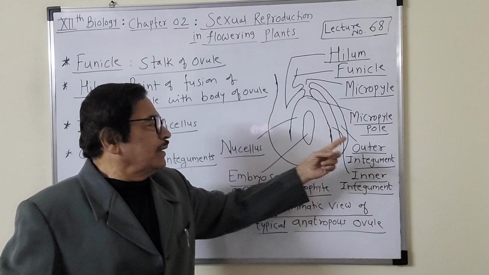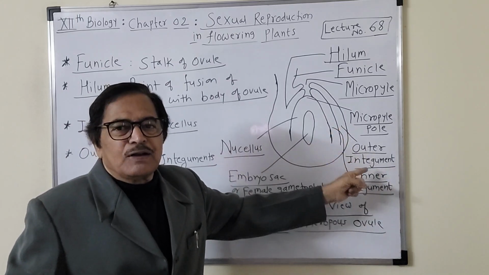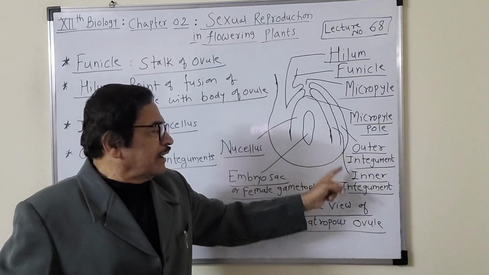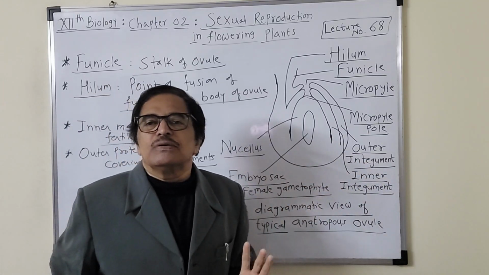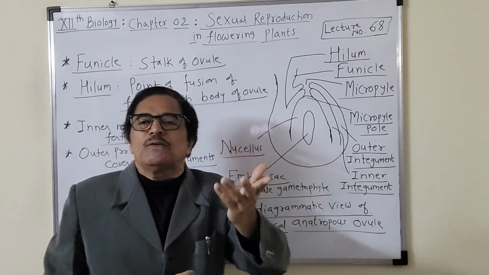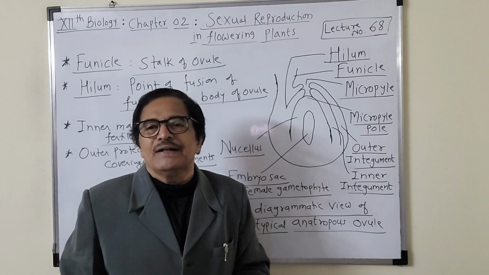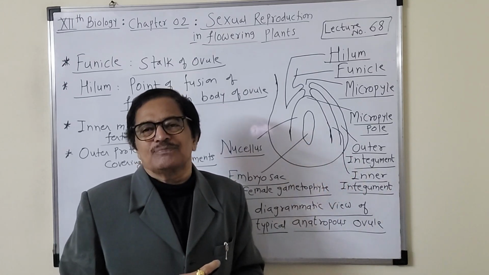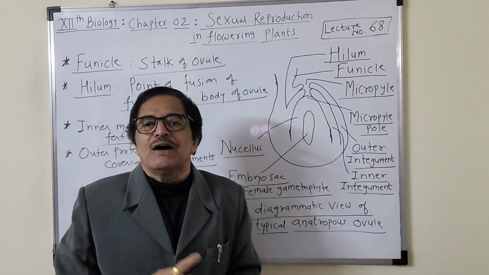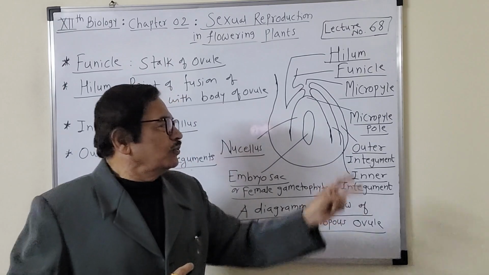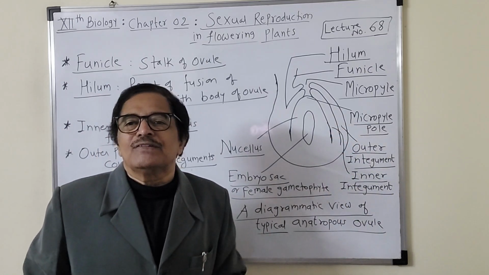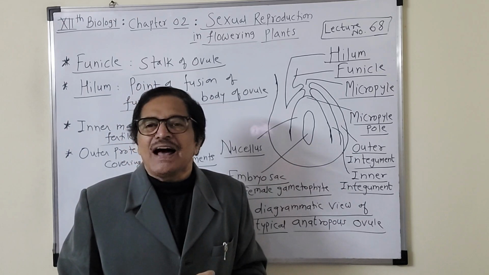They are called the integuments. हमने यहाँ पे लिखा है outer integument, very hard and very much tough there, and the inner integument, smooth. ये दो ही इंटेगुमेंट बाद में जब ओव्यूल का ट्रांसफर हो जाता है फर्टिलाइजेशन के बाद सीड में, तो दे फॉर्म द सीड कोट. टेस्टा एंड टेगमन कहते हैं उसे. सीड कोट यानी बीज आवरण जो टफ होता है वो आउटर इंटेगुमेंट से बनता है, टेस्टा कहते हैं उसे, और इनर इंटेगुमेंट से टेगमन बनता है. So that are very important there.